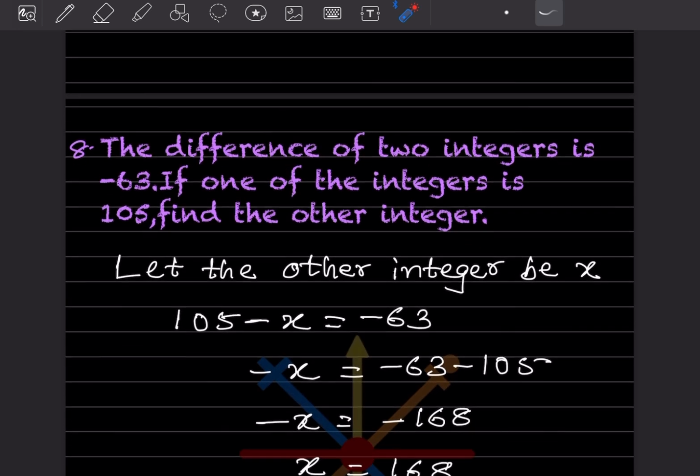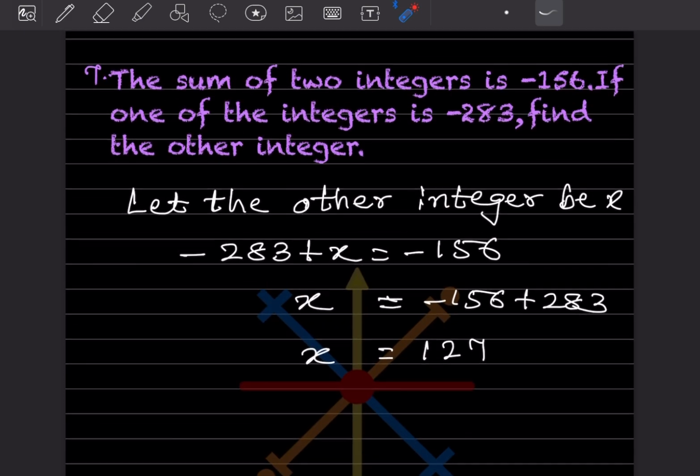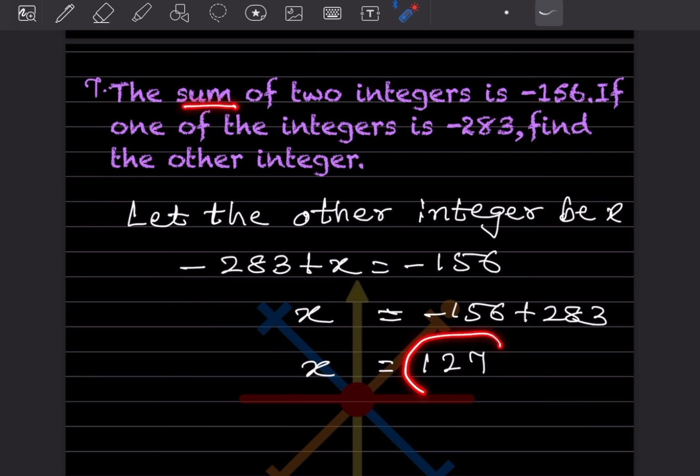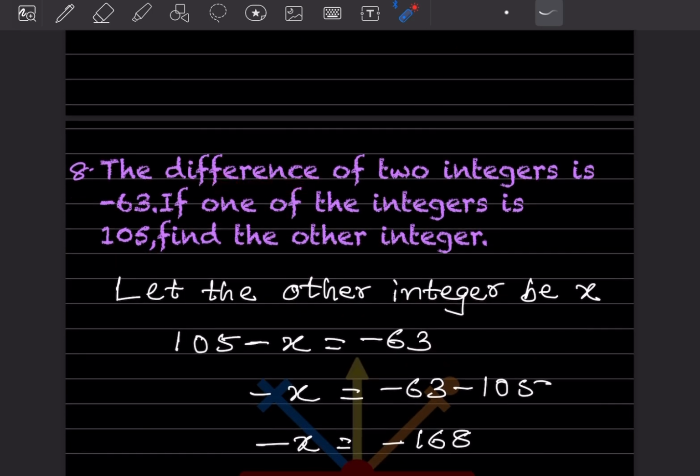The difference of two integers is minus 63. One of the integers is 105. You have to find the other integer. Here, be careful. When the sum is there, there is only one possible answer. But when the difference is there, the other integer we don't know, we consider as x. So at the start, we write 105 minus x equals minus 63.